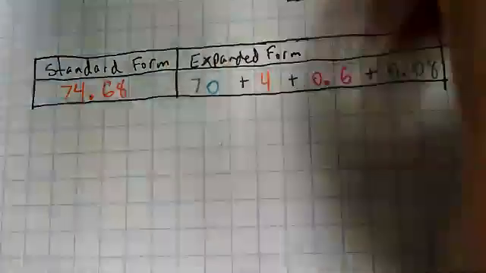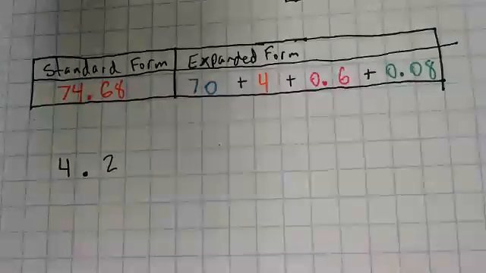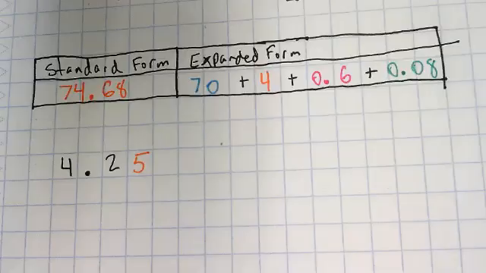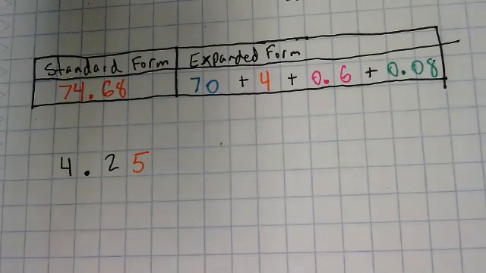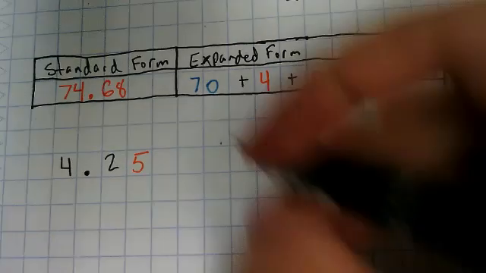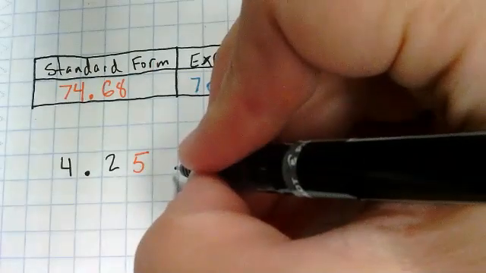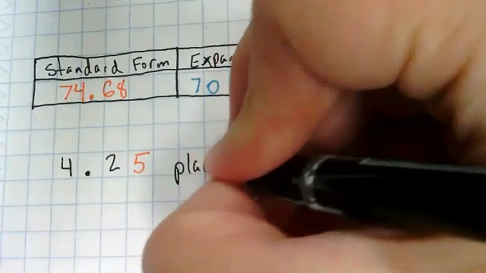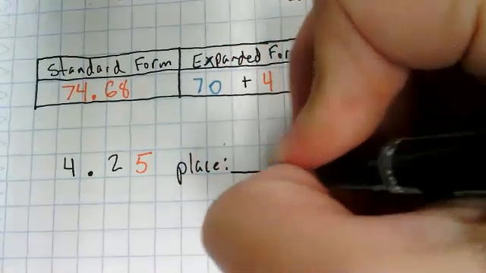So you could just do this one in your workbook if you want, or you could write it out here, your choice. But it's going to give us 4.2, and then that 5 is going to be in a different color. It's going to be red in your book. I don't know where my red pen went, so it's orange today. Then it's going to ask you next to it, it's going to say place with a line.